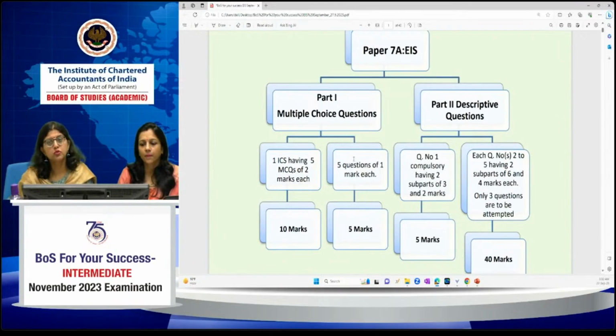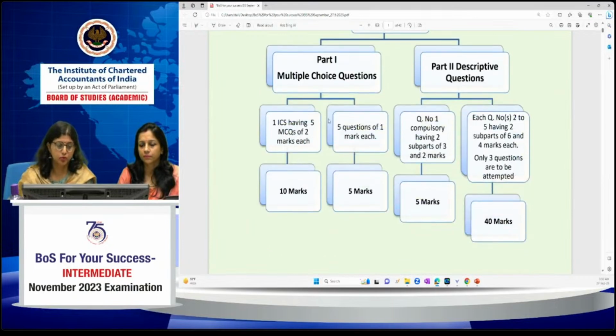So all of those who have appeared in MTP 1 might know that the paper is of 50 marks and it's divided into two parts, the MCQ part and descriptive questions. The MCQs carry 15 marks, whereas the descriptive questions are of 35 marks. The MCQ portion is further subdivided into 10 marks and 5 marks, wherein we get one ICS, that means the integrated case scenario.